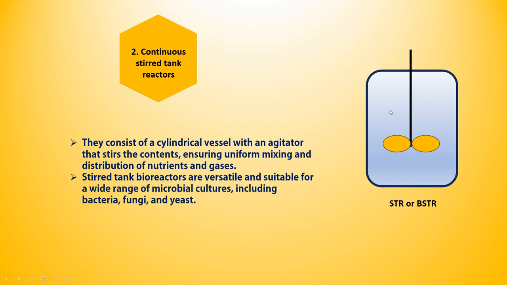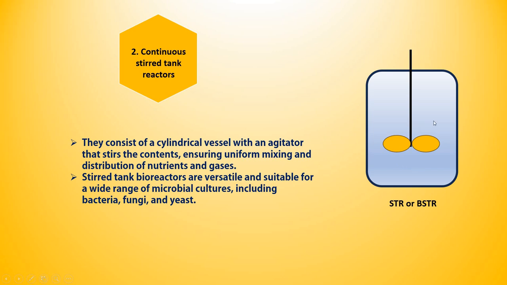So there is no chance of mixing fresh media during the reaction. After completion of the reaction, the entire media utilized in the BSTR or STR is recovered and the products are also recovered.